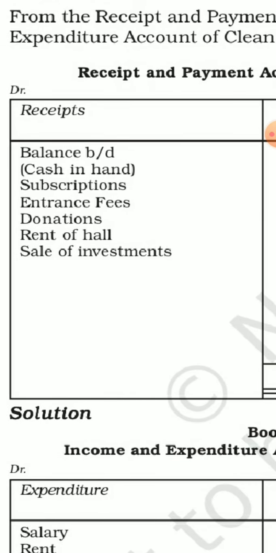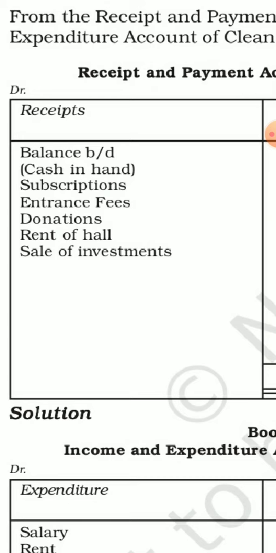Before we start making the income and expenditure account, we first need to know four very important points for making the income and expenditure account from the receipts and payment account.